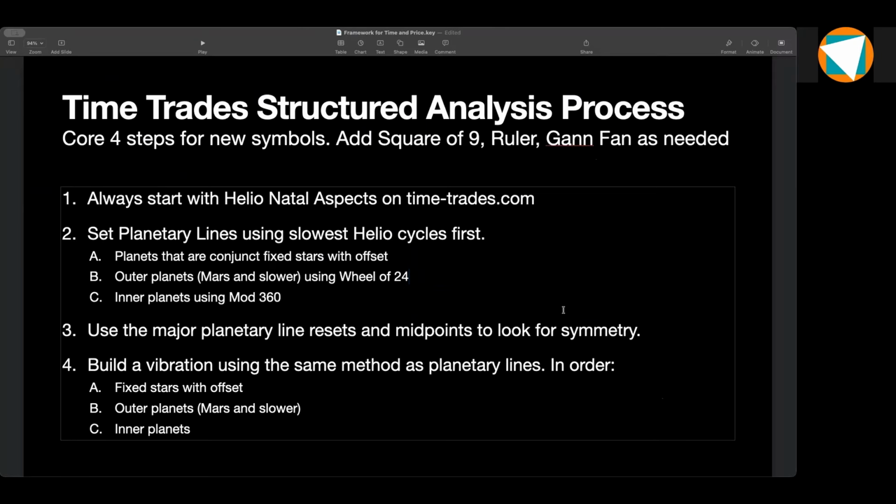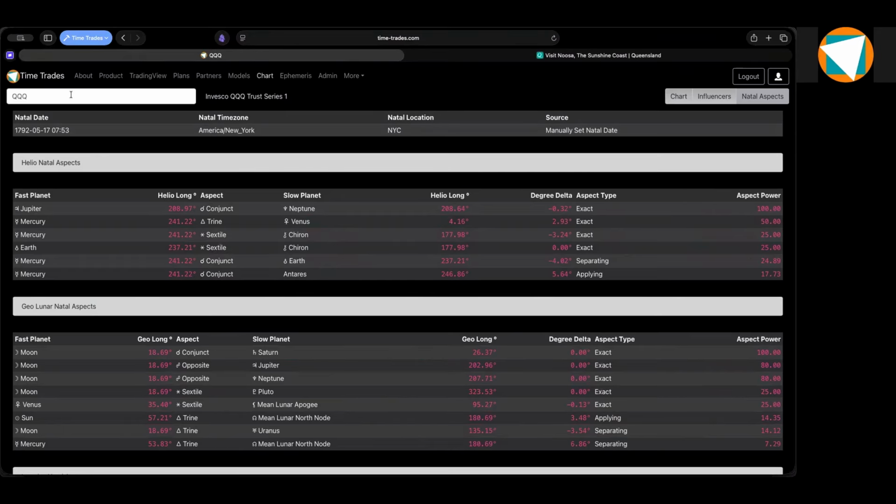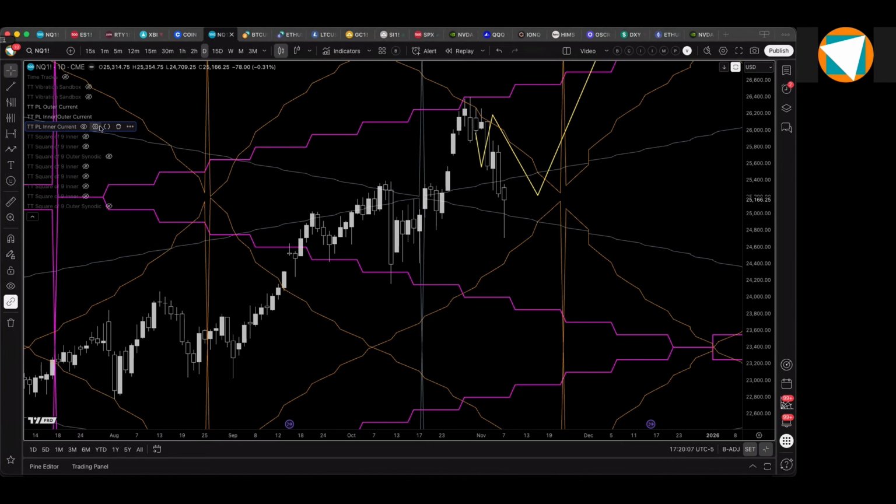Next step is to add some of the inner planets using mod 360. Do we have any other inner planets? Yes, we do. We have Earth and Chiron. If we go over here to our natal aspects, you'll see we have Earth sextile Chiron in the natal chart. So we can go back and use PL inner outer current.